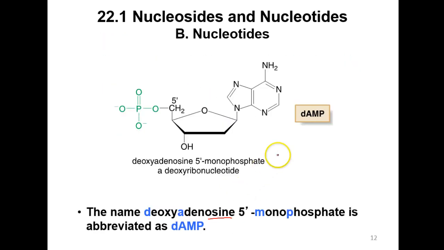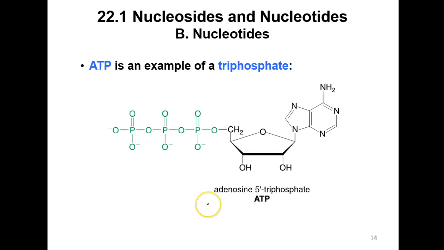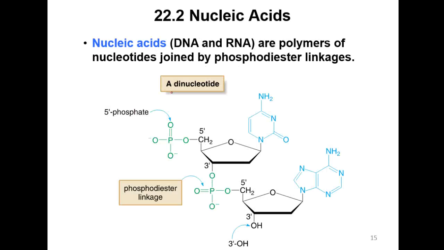So this is a purine molecule, and that's one phosphate. If you put 2 phosphates, it's ADP, adenosine 5 diphosphate. We usually don't say the number because the phosphates always attach onto that position. And lastly, we have ATP, adenosine 5 triphosphate. Just to give you some naming in there.